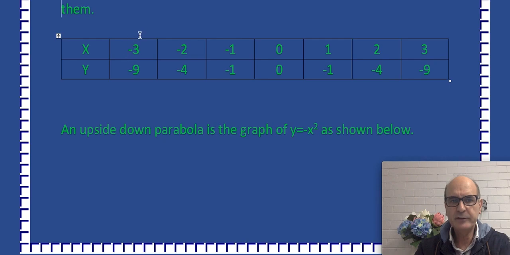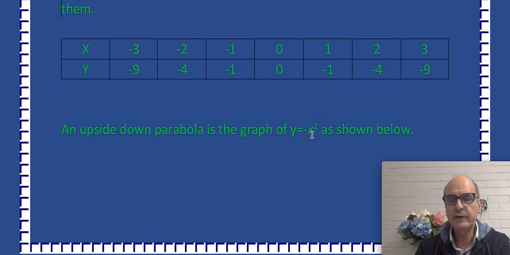X is minus 3, so then y is minus, then minus 3 squared. Minus 3 squared is minus 3 times minus 3. That's 9. And I've got a negative in front of that. So it becomes minus 9. When I'm having x equal to minus 2, I put minus 2 for x and I square it.